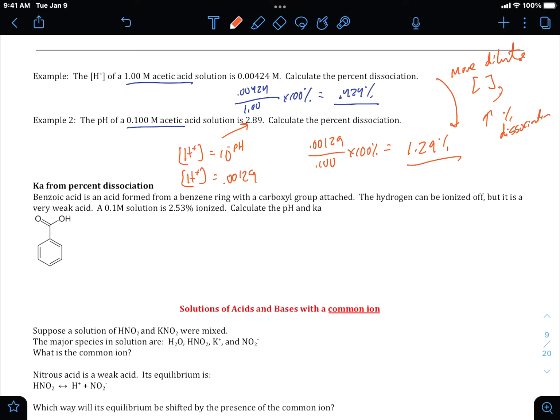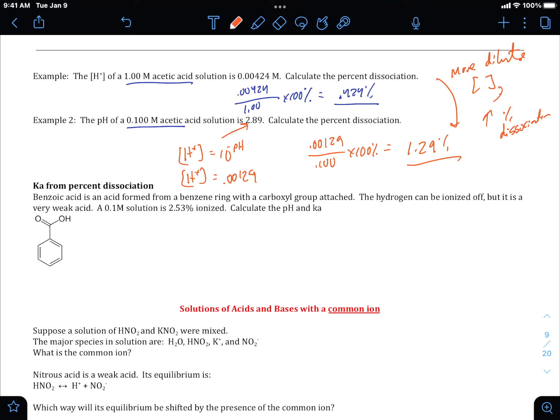Logically, the less acid there is, the less likely the ions will bump into each other again. So the lower the concentration, the greater the chance the ions will stay separated, hence the higher percent dissociation.